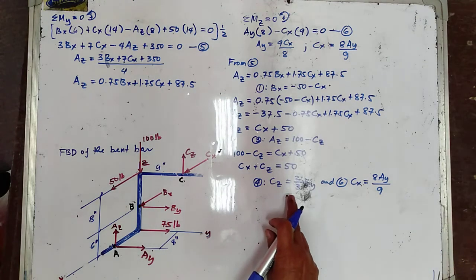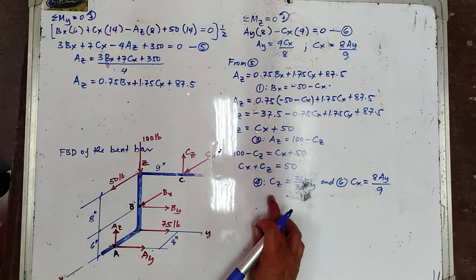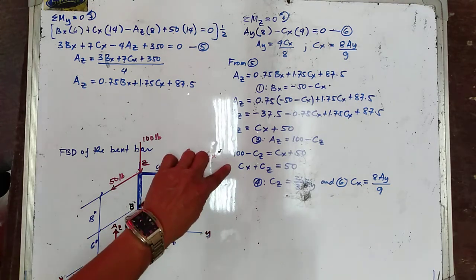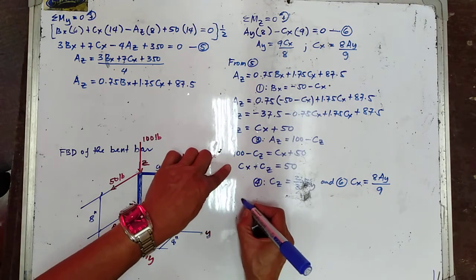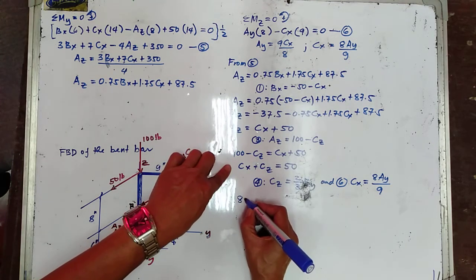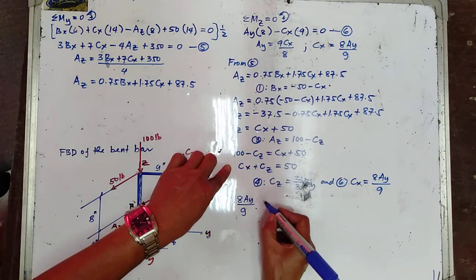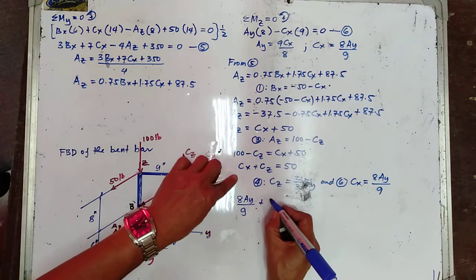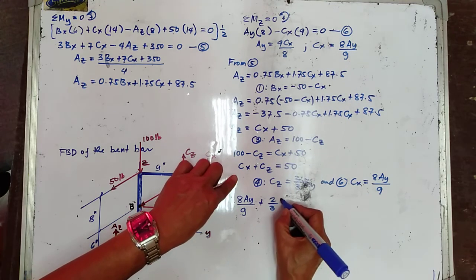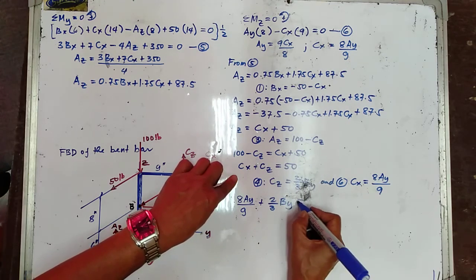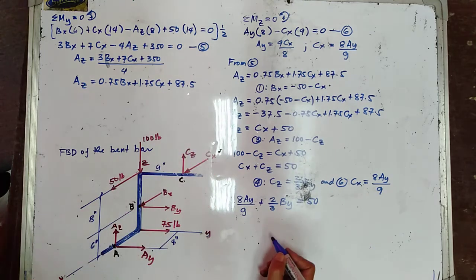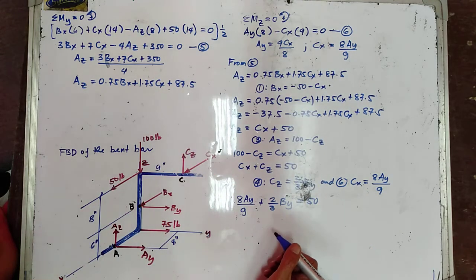So let us try to substitute CZ and CX in this equation. So we now have 8AY all over 9 plus 2/3 of BY is equal to 50.